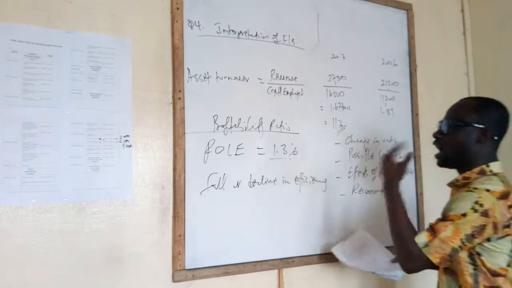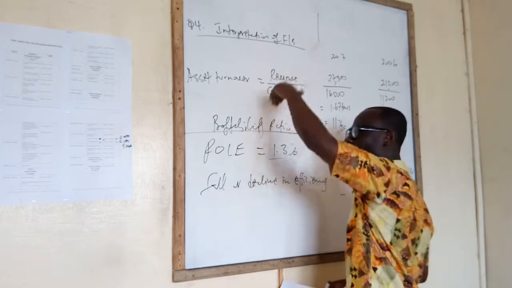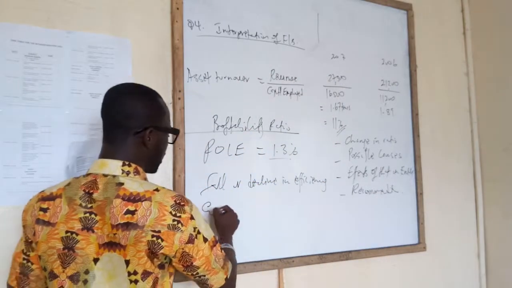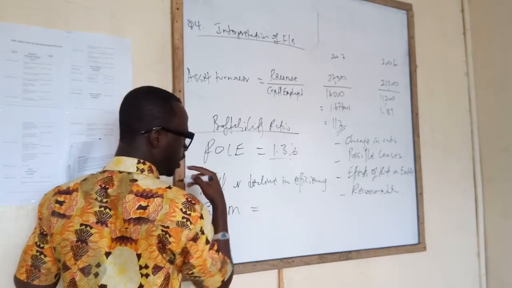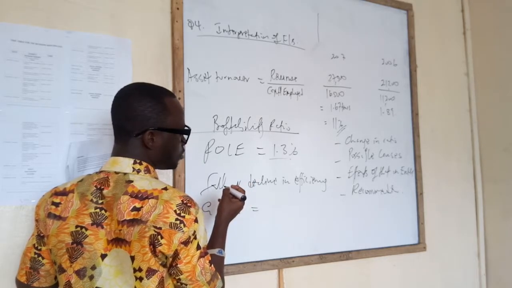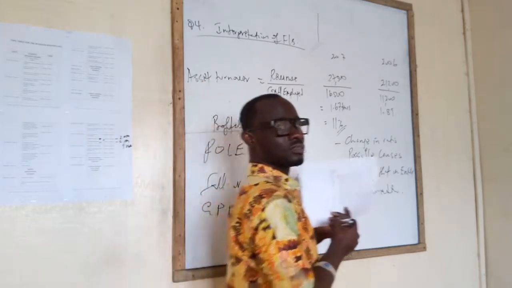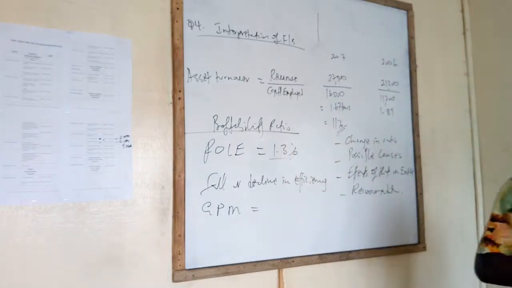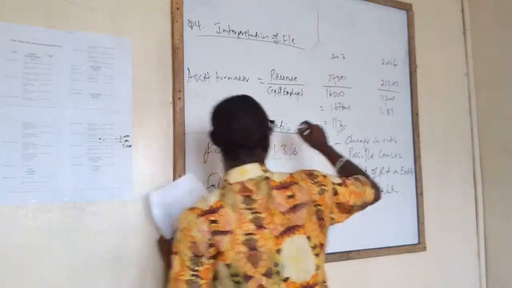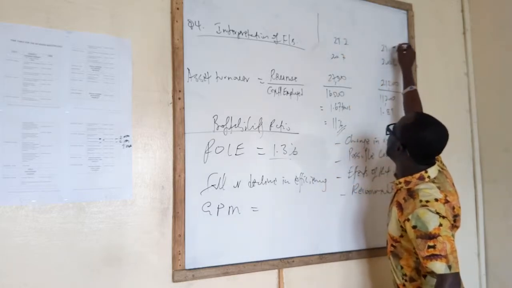But as I said, when you're explaining profitability, make sure you intertwine it with all the ratios, so you are connected. What about gross profit margin? What happened to that? Did it fall or did it increase? 29.1.